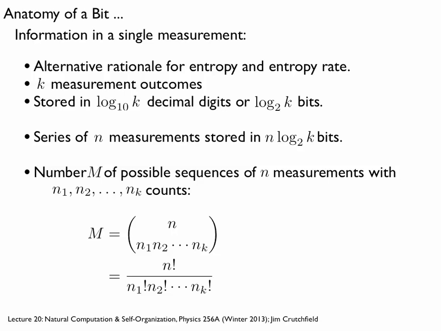If k was 16 possible values, then I would need 4 bits of binary memory to store the results coming in. And of course, if I had a sequence of n measurements, that would be n times log base 2 of k bits of storage.